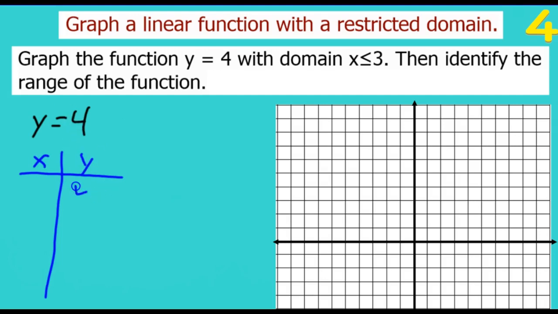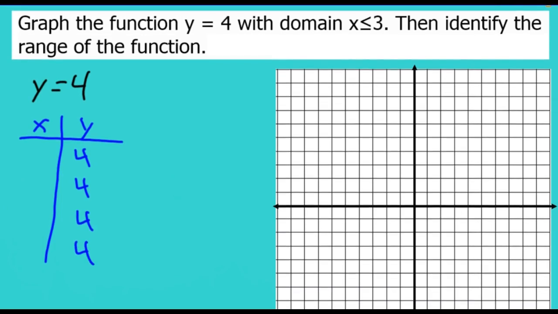So everything for our y is going to be 4. But our domain, our x, is less than or equal to 3. So we know that can be equal to 3, so we can put that. But it has to be less than now, so 2, 1, and 0.